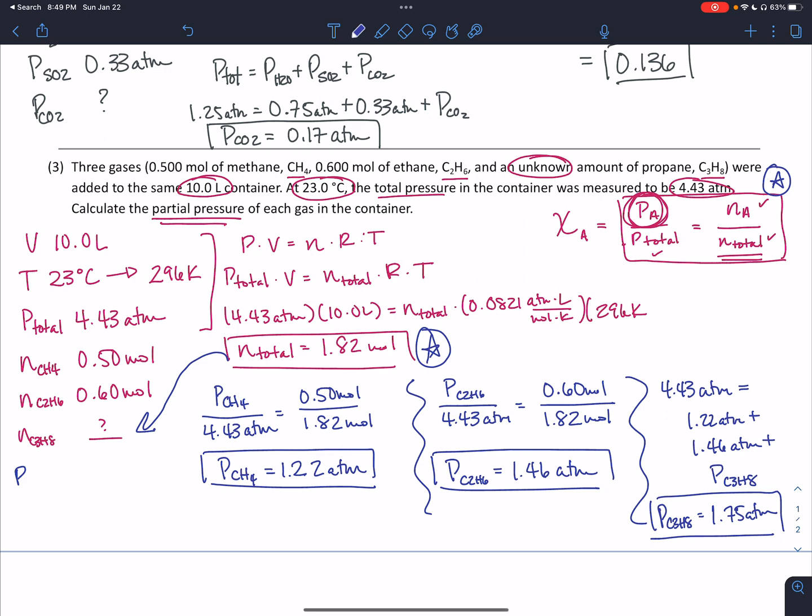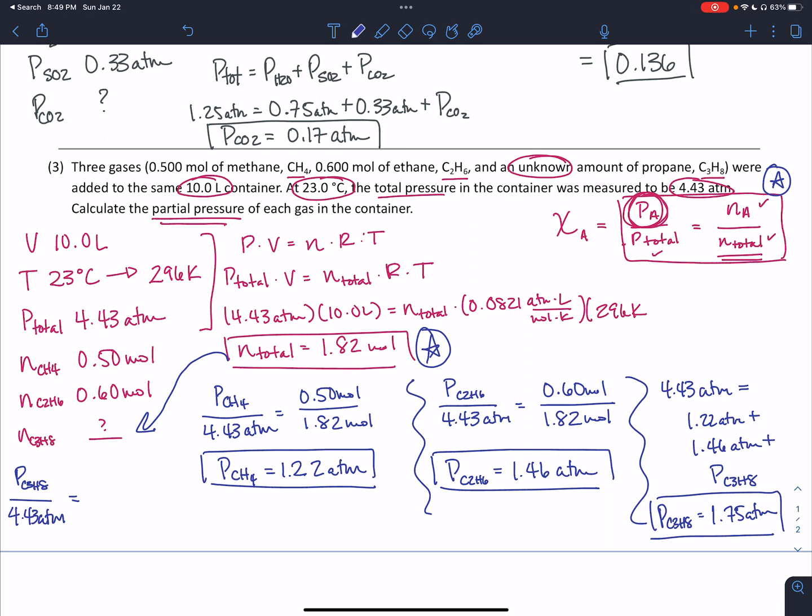So the partial pressure of C3H8 over the total pressure of 4.43 atmospheres is going to be equal to the moles of C3H8. And if we look, that's going to be 1.82 minus 0.5 minus 0.6.